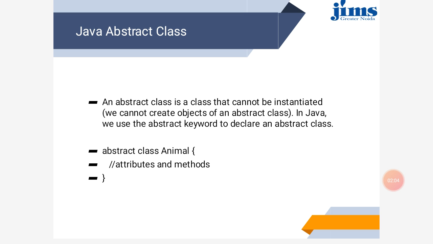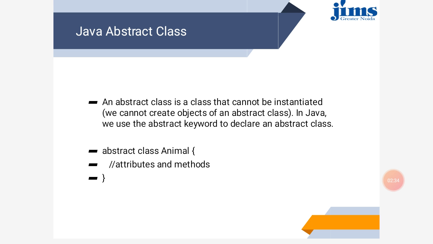So what is an abstract class? An abstract class is a class in which there may be an abstract method, and if the abstract keyword has been added just before class, then that class becomes an abstract class.